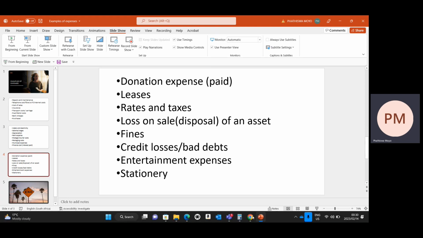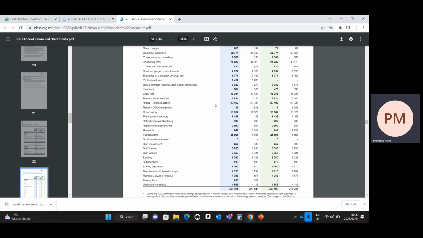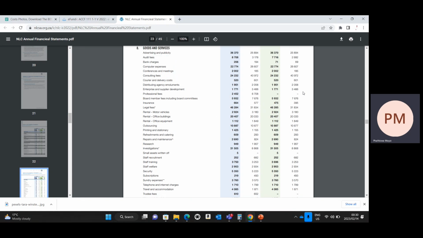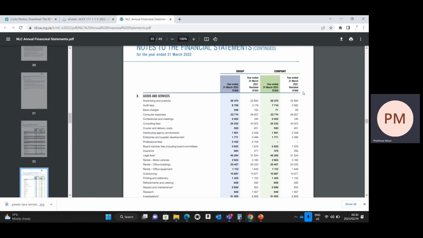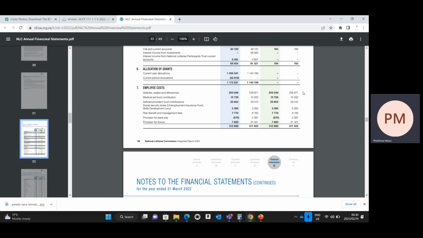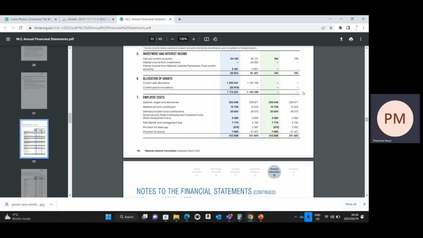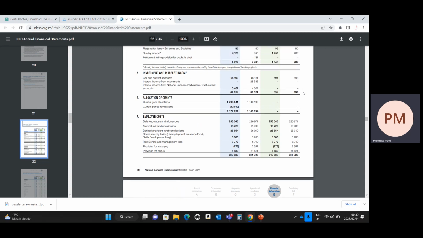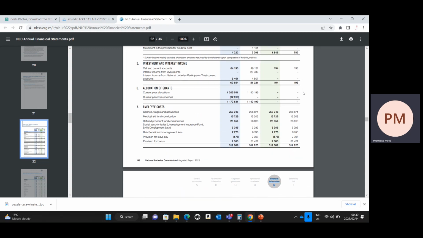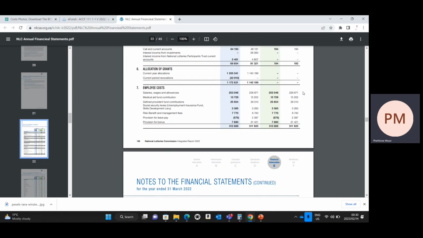So I have a show and tell. I can't end the lesson without a show and tell. This is the financial statements of the National Lottery Board. I don't play lotto for religious reasons. I don't believe in gambling. But I was struggling to find financial statements that explain their other operating costs or administrative costs. My favorite company, Mr Price, they just put one line.